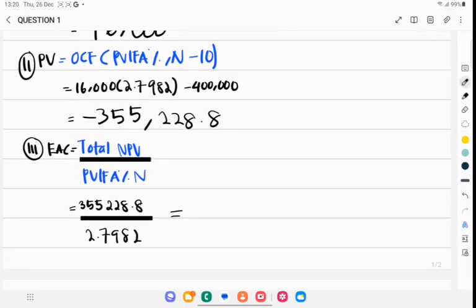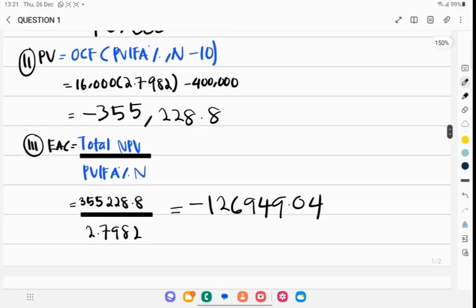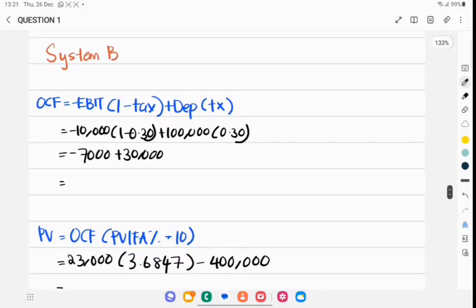The formula for ESC is total NPV divided by PVIFA. So 355,228.8 divided by 2.7982 is negative 129,269.04.